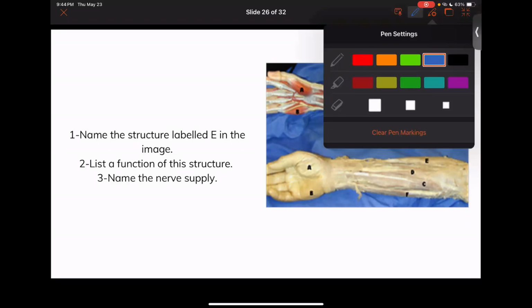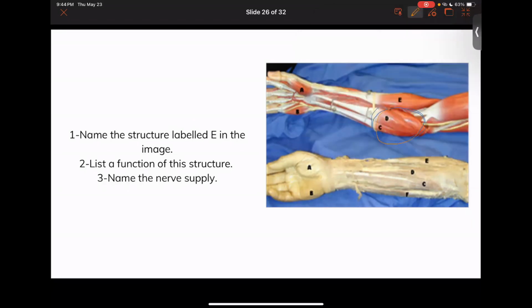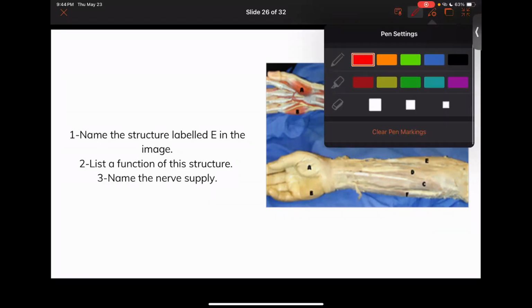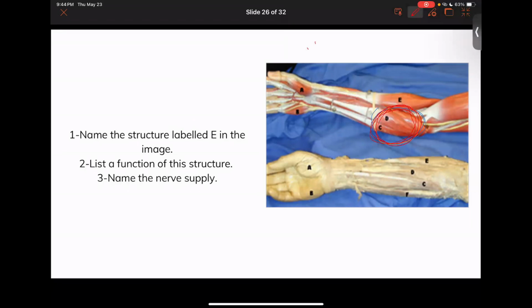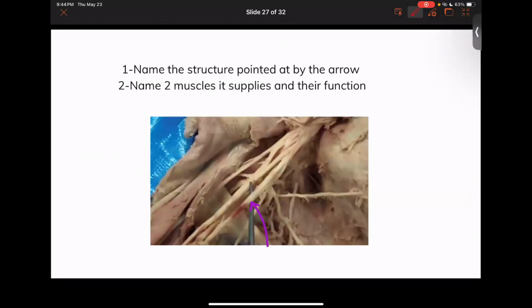Let me change the color now. So these muscles basically are over your cubital fossa. So these are clinically relevant for your MCQ. So please pay attention to these. Okay. So let's move forward. We answered this, right? Okay. So pause the video.